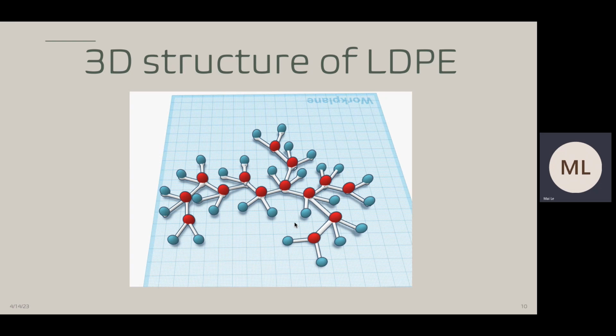This branching reduces the ability of the polymer chains to pack closely together and form a dense and crystalline structure, which is necessary for achieving high tensile strength. However, LDPE becomes more flexible and elastic than other types of polyethylene, which makes it ideal for applications that require a high degree of flexibility, such as plastic film coating or flexible packaging.